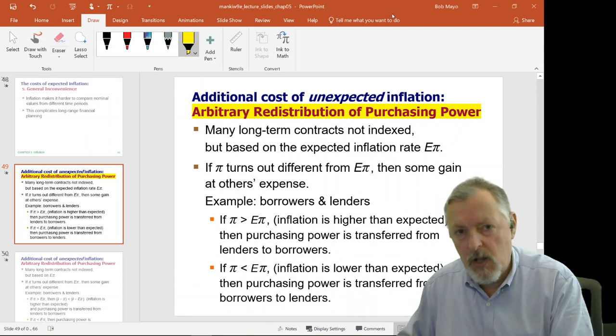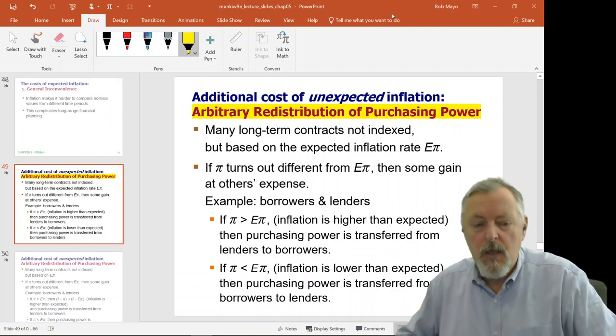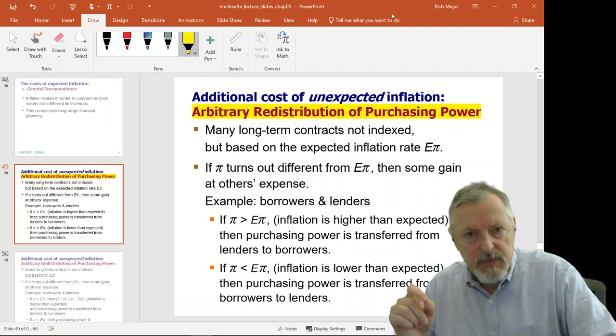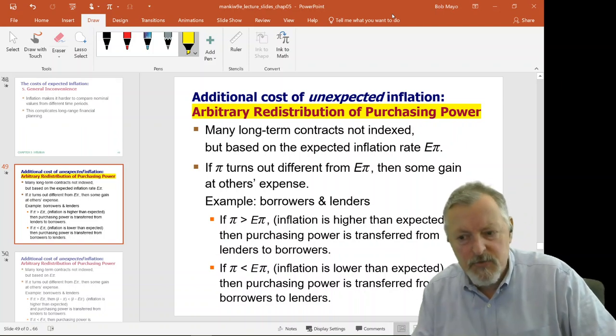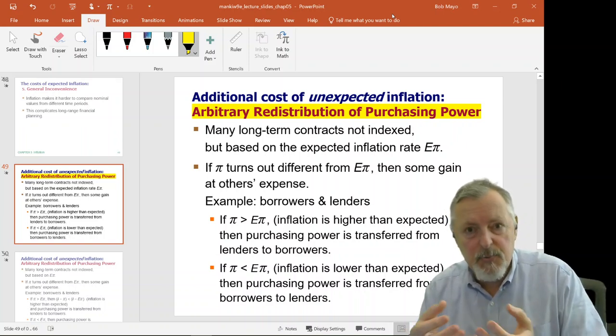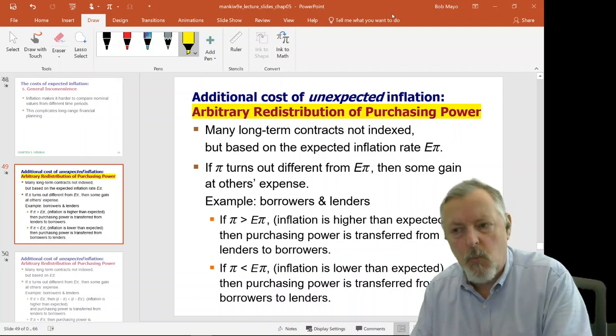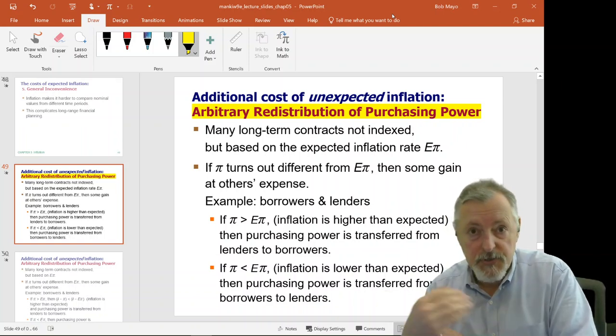It transfers wealth from lenders to borrowers. When actual inflation is lower than expected inflation, it works the other way. Borrowers have to pay back loans in unexpectedly precious dollars. So wealth is transferred in that case from borrowers to lenders.